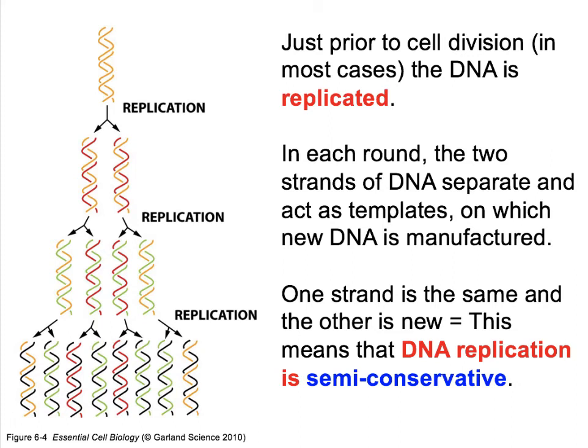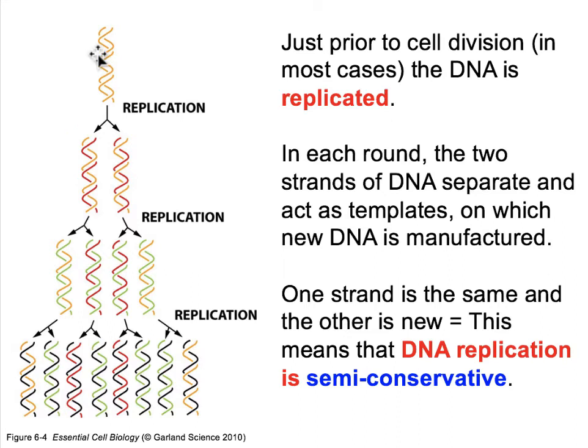Historically, for a period of time, there were a number of competing models trying to decipher how DNA was replicated. Since then, our understanding has focused on the main type of DNA replication that appears to be taking place inside living things, and that is called the semi-conservative model of DNA replication.